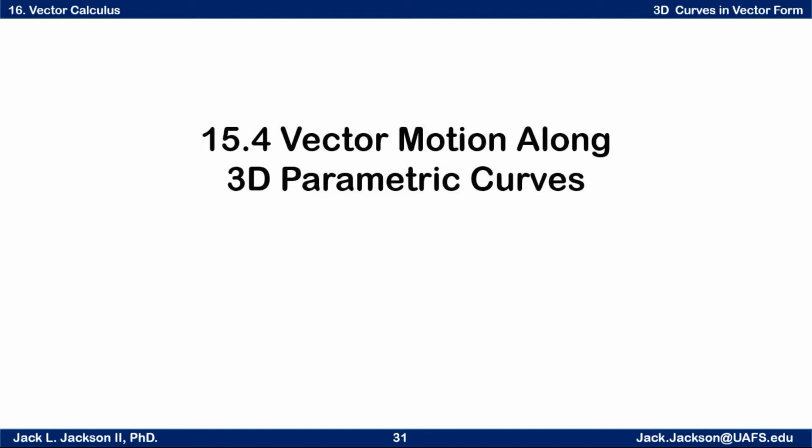In this video, we're going to be talking about vector motion along a 3D parametric curve. Before you watch this video, you should have watched the previous one in this playlist because it deals with vector motion along a 2D parametric curve, and it's just a lot easier to see these things in 2 dimensions than it is in 3. For one thing, the medium of a piece of paper or a computer screen such as this is actually a 2-dimensional object.